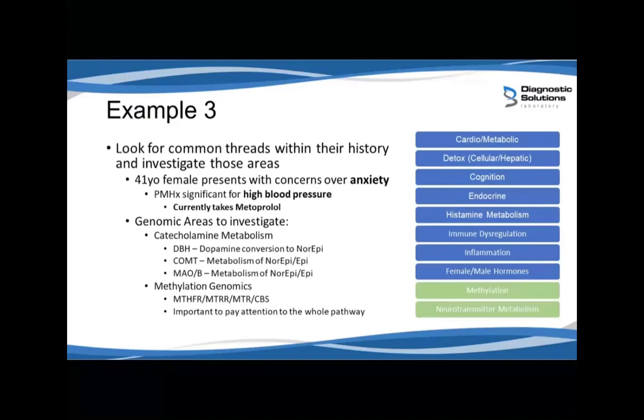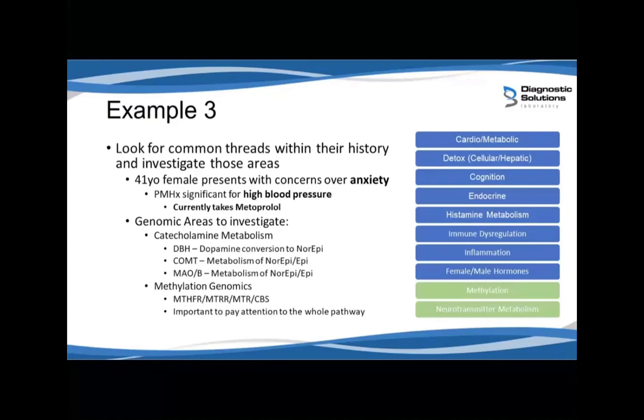Some of the genes we would want to investigate in that area are DBH, dopamine beta hydroxylase, which converts dopamine into norepi, or noradrenaline, depending on which area of the world you're from. And then also COMT and MAOA/B. Those are the two that are involved in the actual metabolism of norepi and epi.